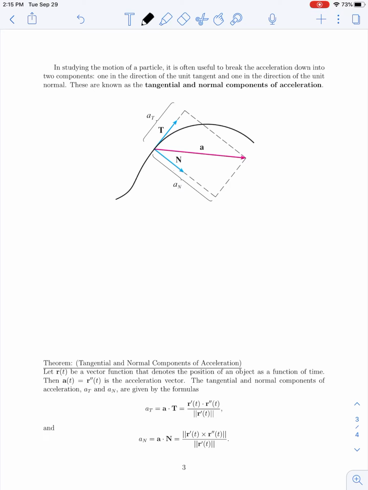And those components of our acceleration vector are what are called the tangential and normal components of acceleration.